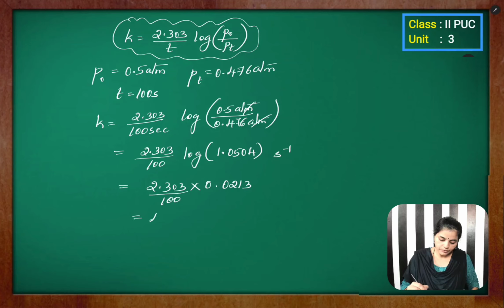That's equal to 4.9199 into 10 to the power minus 4 per second. So this is the rate constant for the decomposition of nitrogen pentoxide at the given pressure during the time interval of 100 seconds.